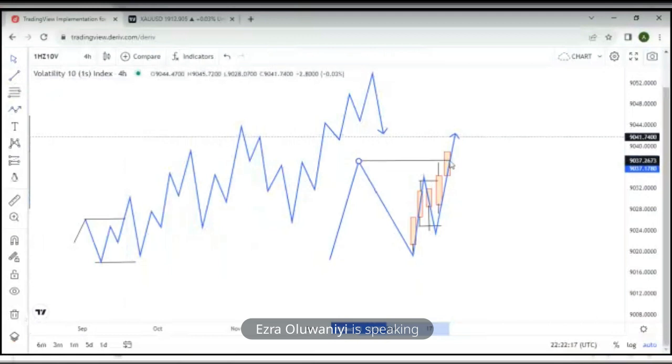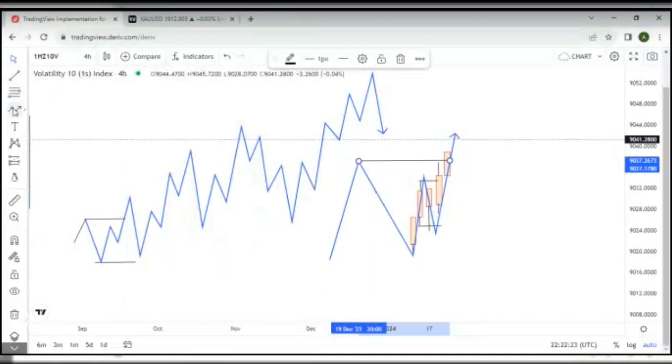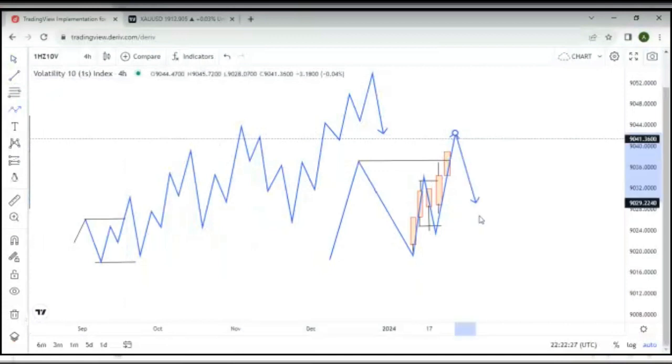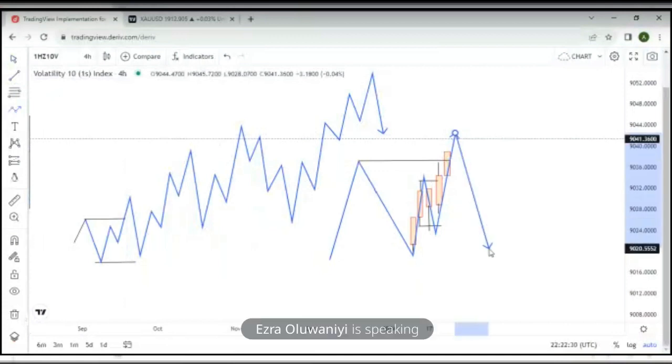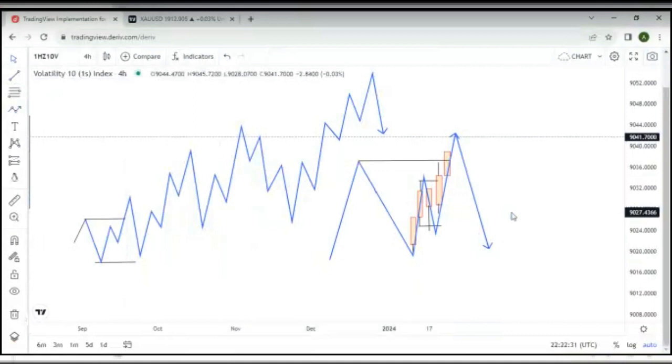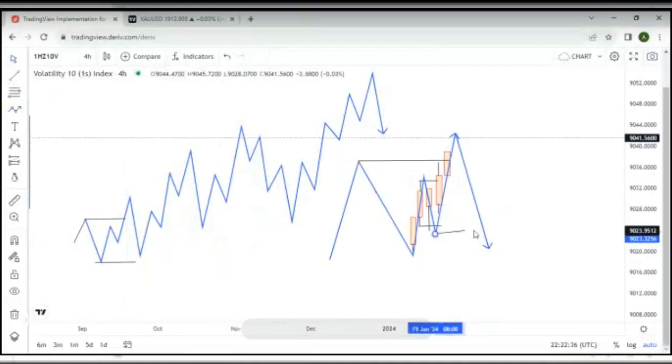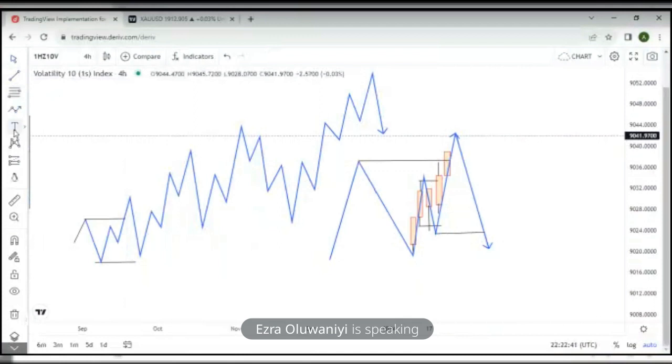So we have a valid BMS, a break of structure, but this high is confirmed only if price comes down and clears the short-term low, which is here. This is the inducement. See it here. This short pullback before the break of structure is what we call IDM, inducement.